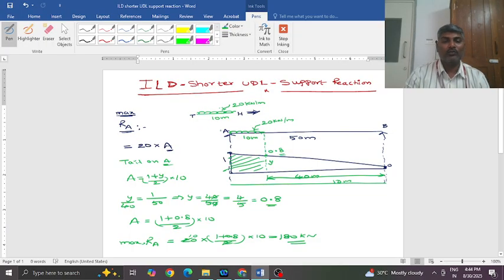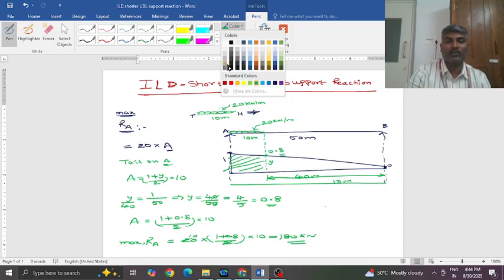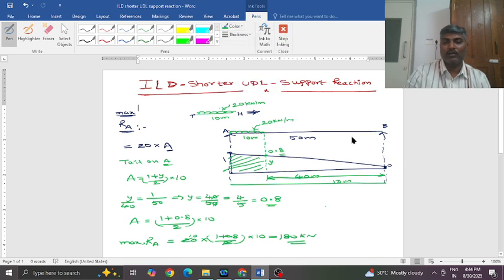From A to B, whatever may be the position of this load, the maximum reaction that is possible is 180. A similar discussion applies if you are interested in the reaction at B. The head has to be at B. This is the head of the load, and this is the tail.